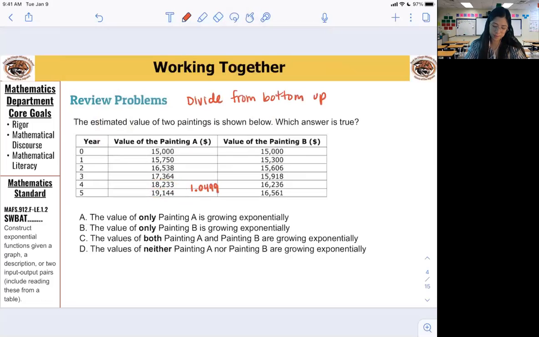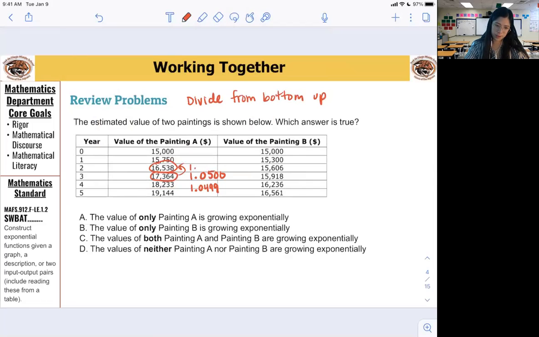Then I do the next two. 18,233 divided by 17,364. And I get 1.0500. And we're just going to keep going until we have all of those numbers. You want to do it all the way up. 17,364 divided by 16,538.